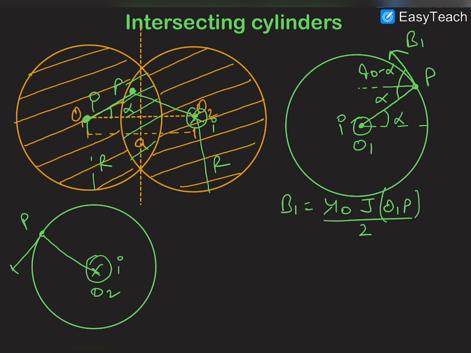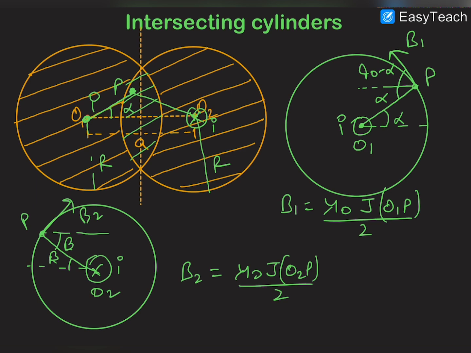In fact, the magnetic field will be in this direction, B2. So if we suppose that this angle is beta and this is beta, then B2 will be equal to mu naught J, which is the same again, and this is O2P divided by 2.